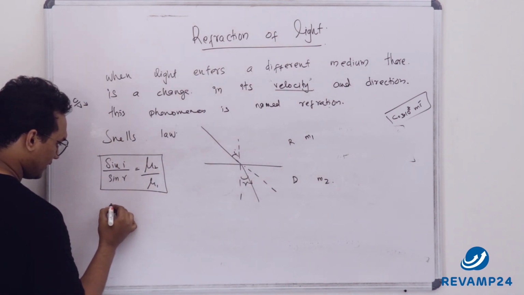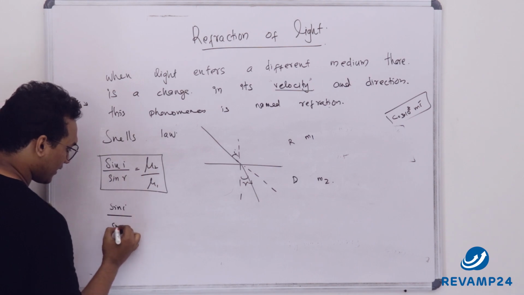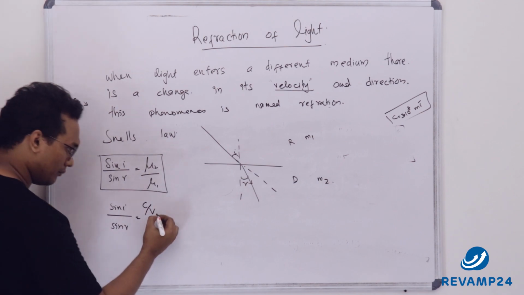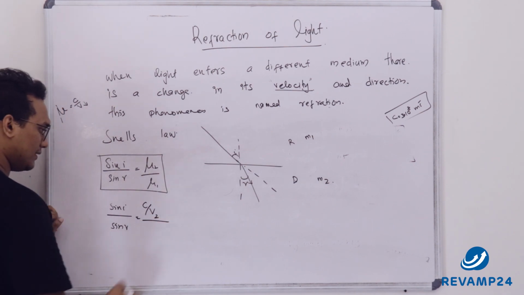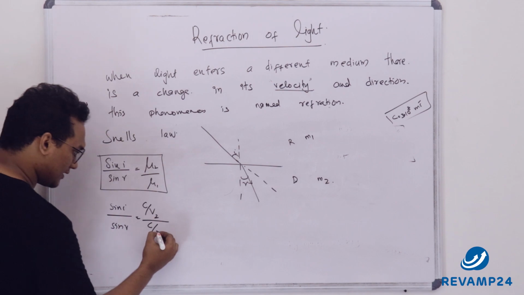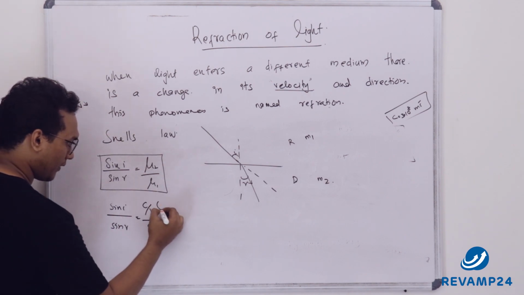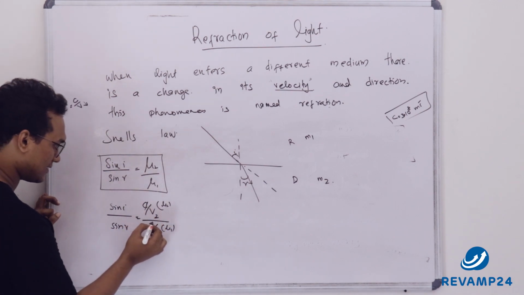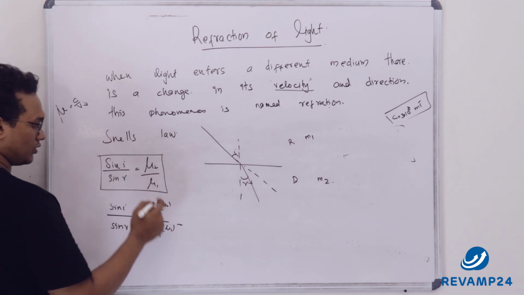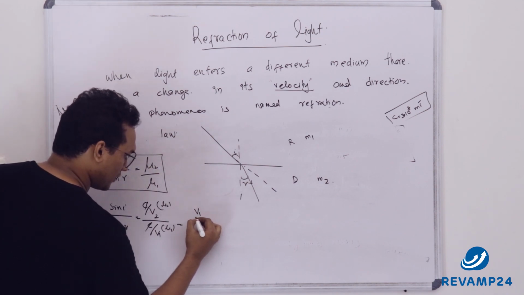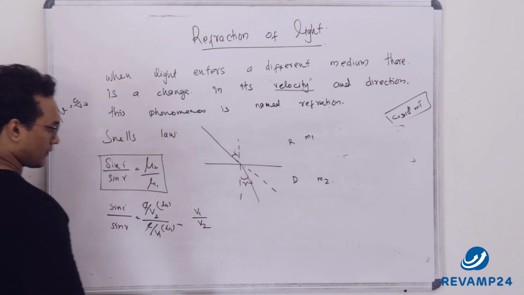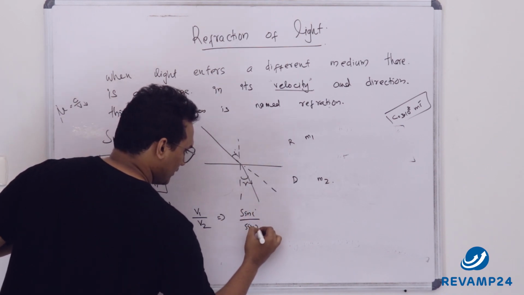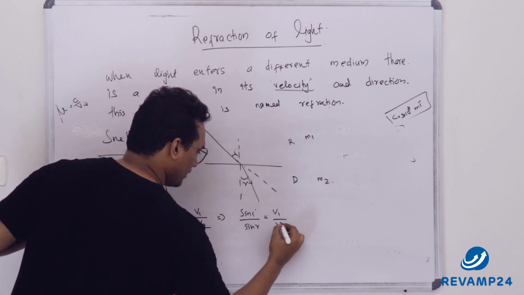So sin I by sin R is equal to, what is mu 2? C divided by velocity of light in medium 2, divided by C divided by velocity of light in medium 1. So this is my mu 2 and this is my mu 1. This C would cancel and V1 would come to the top, so that becomes V1 by V2. So sin I by sin R is equal to V1 divided by V2.